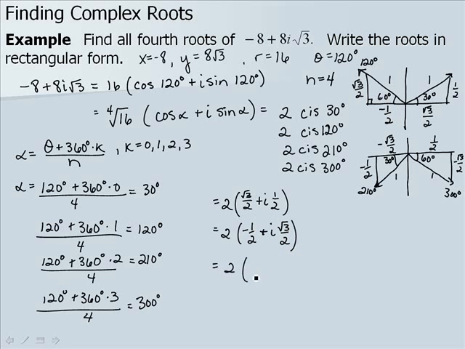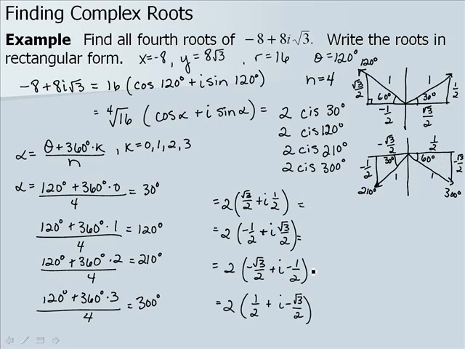And we'll get 2 times the cosine of 210, which is negative square root of 3 over 2, plus i times the sine, which would be negative 1/2. And then 2 cosine of 300, which would be 1/2, plus i times the sine, which would be negative square root of 3 over 2.